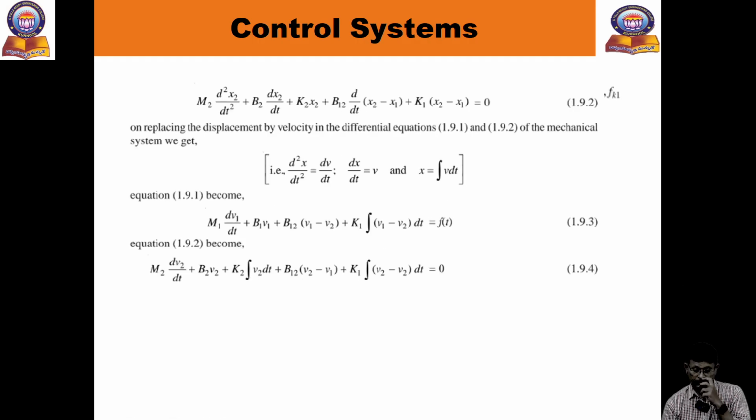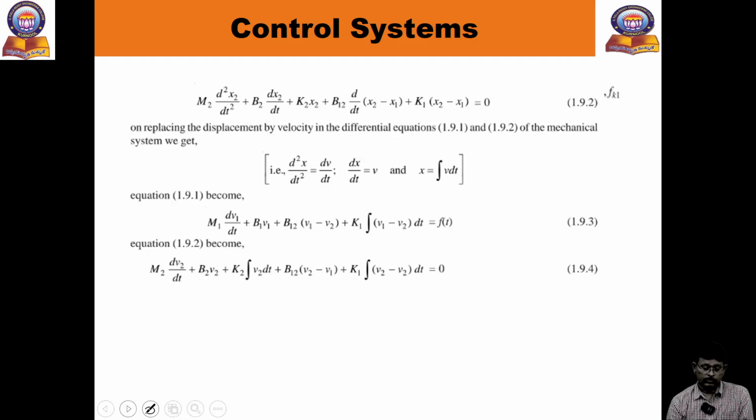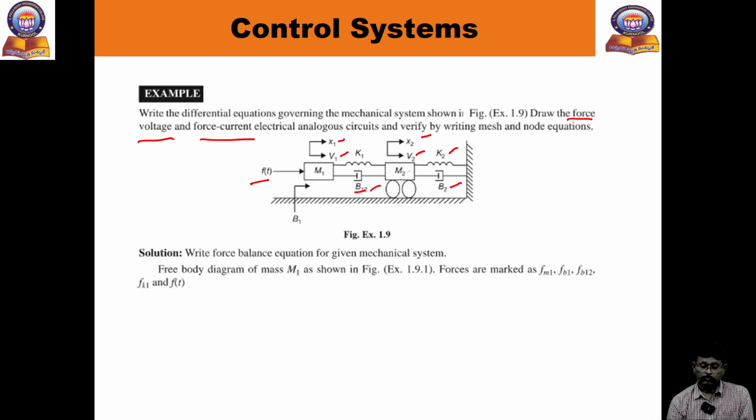Now writing the similar equation for the second mass. For m2 also: m2 d square x2 by dt square, b2 dx2 by dt, k2 x2, b12 d by dt of (x2 minus x1), k1 (x2 minus x1), equal to 0. For mass 2, one side is fixed, so that's why k2 into x2 and b2 into dx2 by dt.